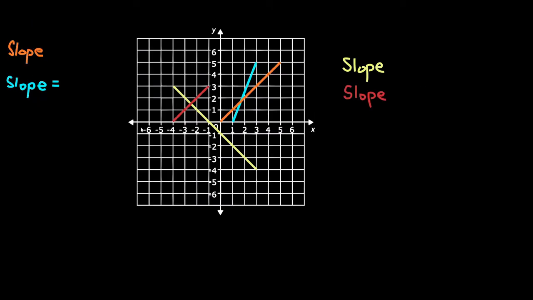In the following diagram, we have several lines on a Cartesian coordinate plane, and what we're going to do for each of them is find the slope. So let's start with our orange line. Now, one way to think about the slope is to consider for each unit I go to the right in x, what is the change in y?